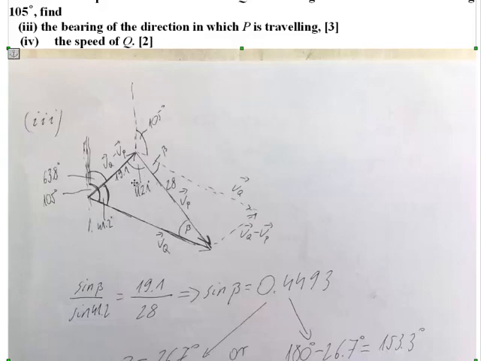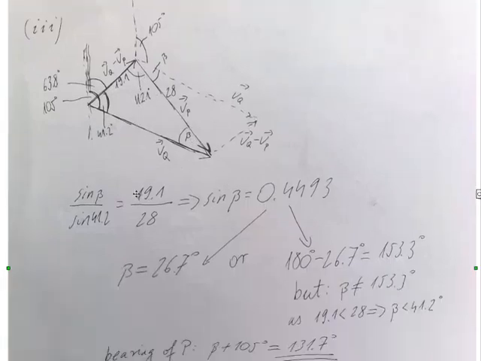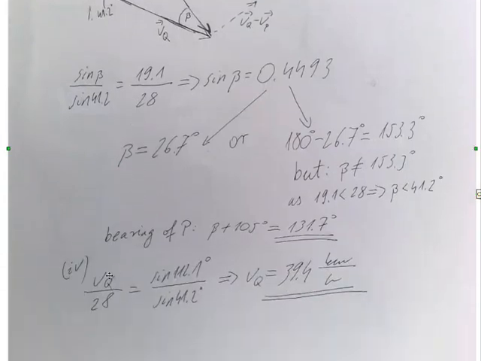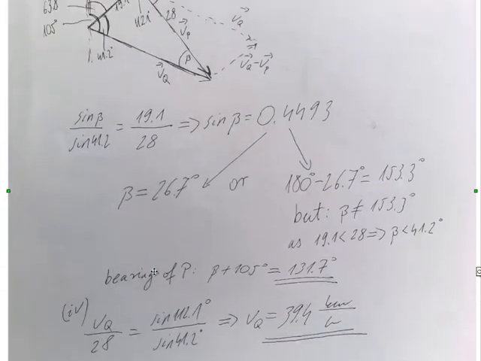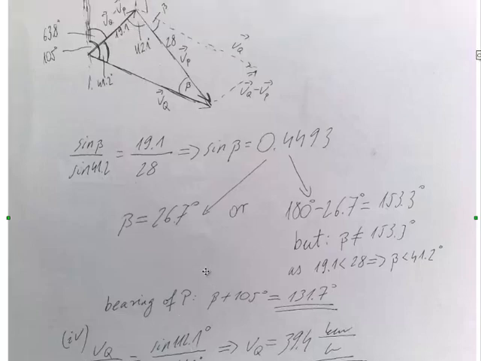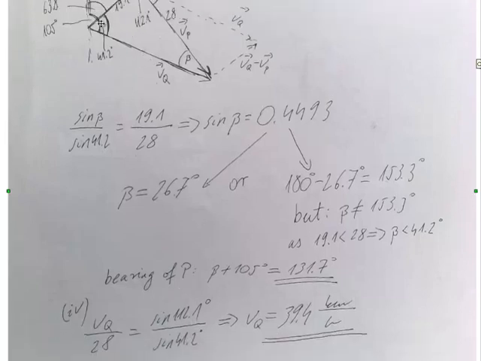We can calculate this angle, 180 minus 41.2 minus beta, so it is here, and we can apply this formula, VQ over 28 is equal to sine of the opposite angle over sine of this angle.